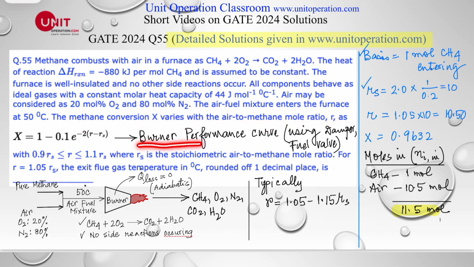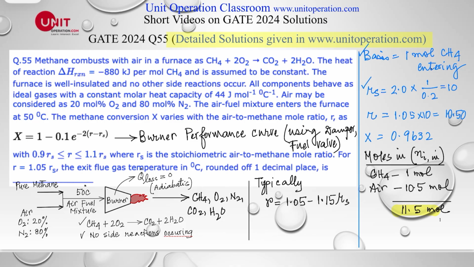This is normally called the burner performance curve, which is controlled by chemical engineers using a damper or a fuel valve, where R is called the air to methane ratio. We'll first see what RS is. RS is the stoichiometric air to methane mole ratio. The stoichiometric oxygen to methane ratio is 2, of course, and once you calculate the oxygen to methane ratio, and we know there are 20 mole percent of oxygen in 1 mole of air, we can easily calculate the value of RS.